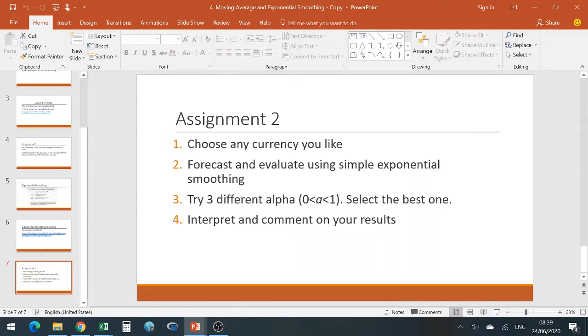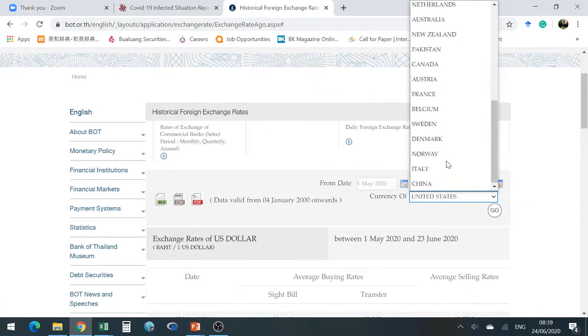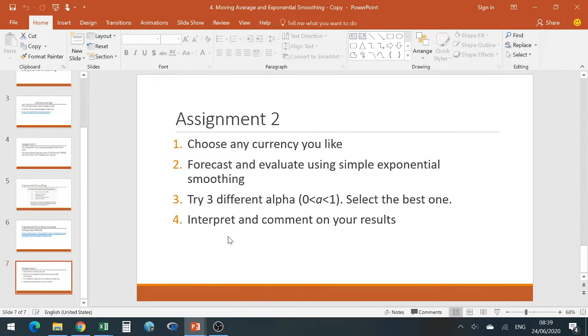This is the second assignment. I just used the US dollar, but I want you to choose any currency you like, such as Euro, Japanese yen, Singapore dollar, Chinese yuan, or any currency from the BOT website, because you can choose many currencies there.